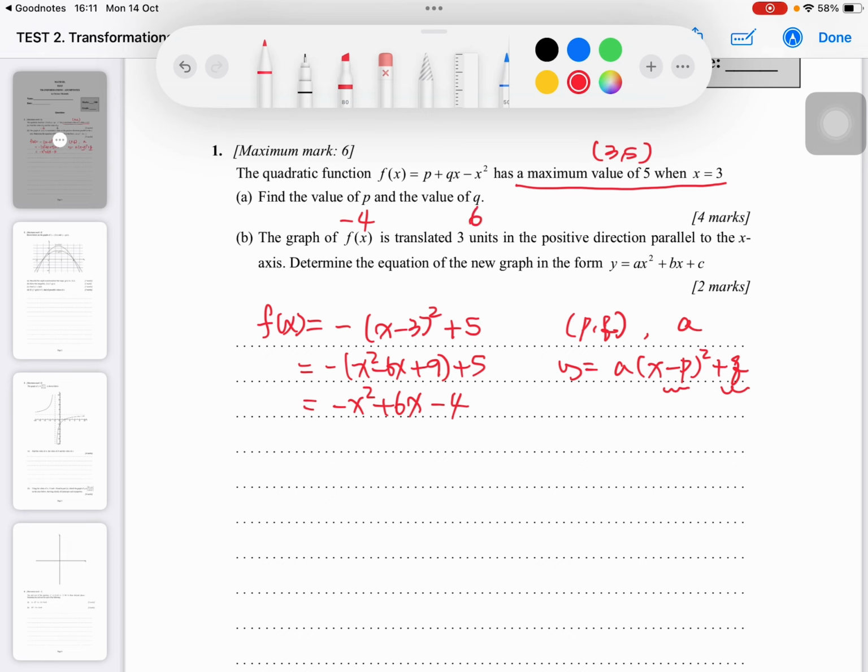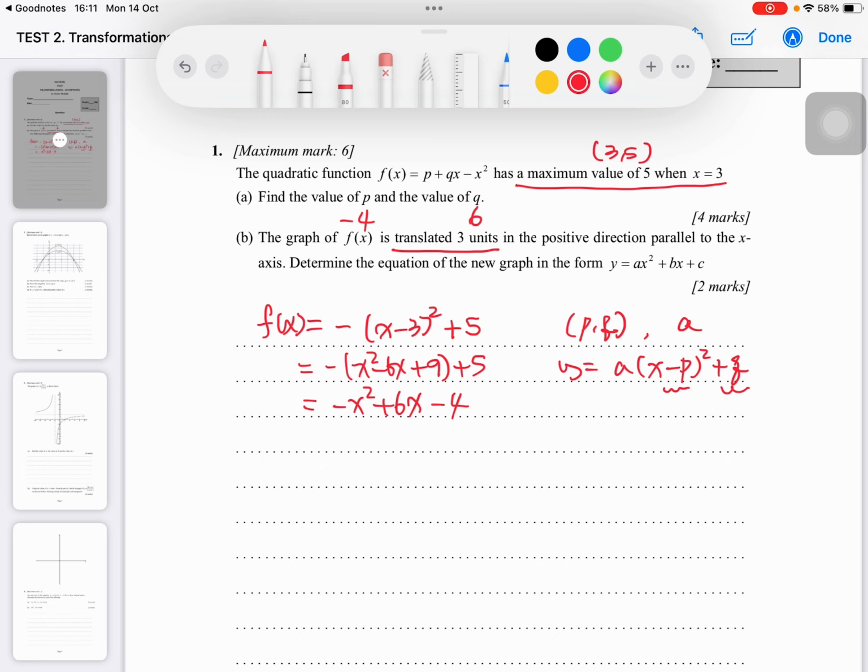So this is translated 3 units in the positive direction parallel to the x-axis. So this one is 3 units to the right. Actually, a transformation is a little bit easier to make from this vertex form.